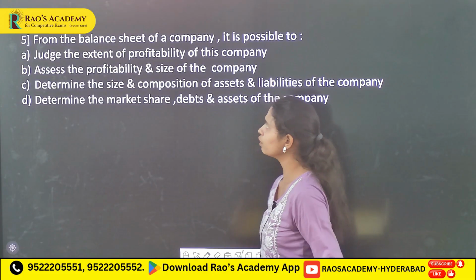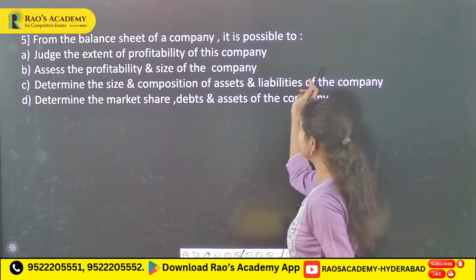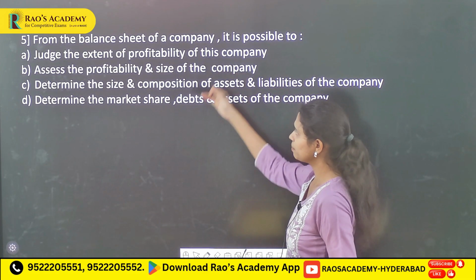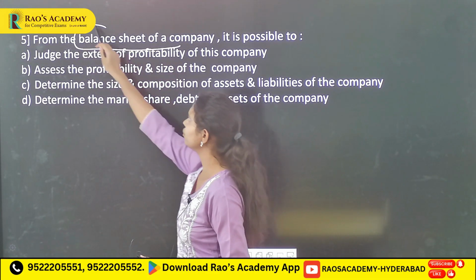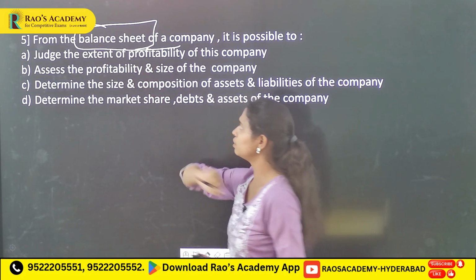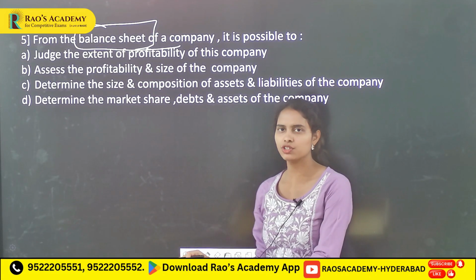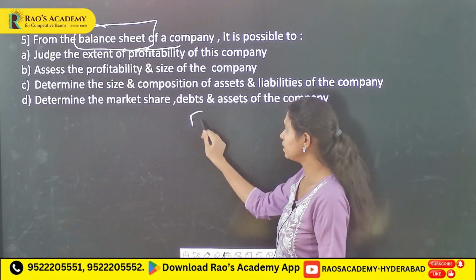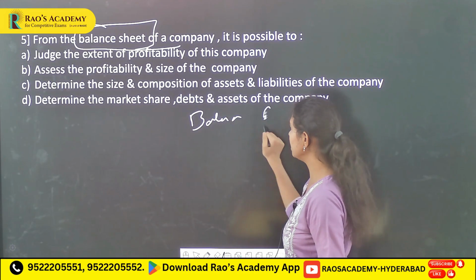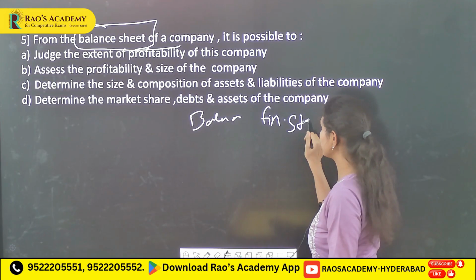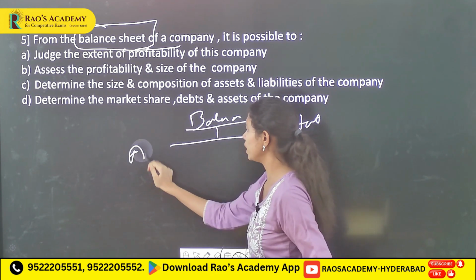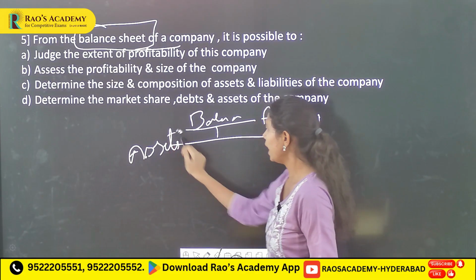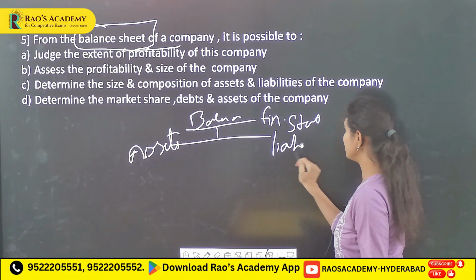Then followed by, from the balance sheet of a company, it is possible to determine which of the following statements. So before getting into these statements, you have to understand what you mean by the balance sheet of a particular company. Here the balance sheet is nothing but a financial statement of a particular company. So here this balance sheet includes two components, one being assets and the other being liabilities.